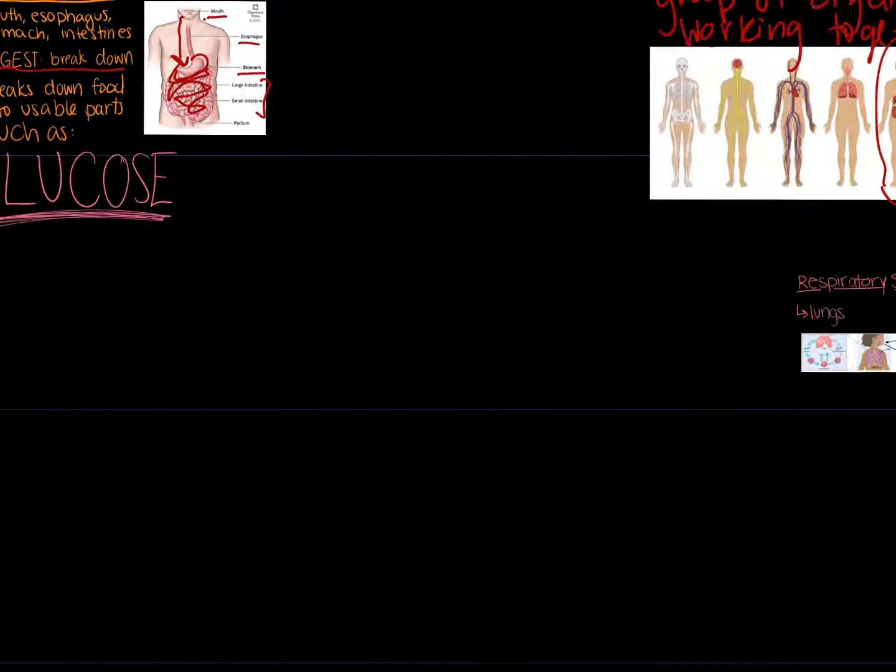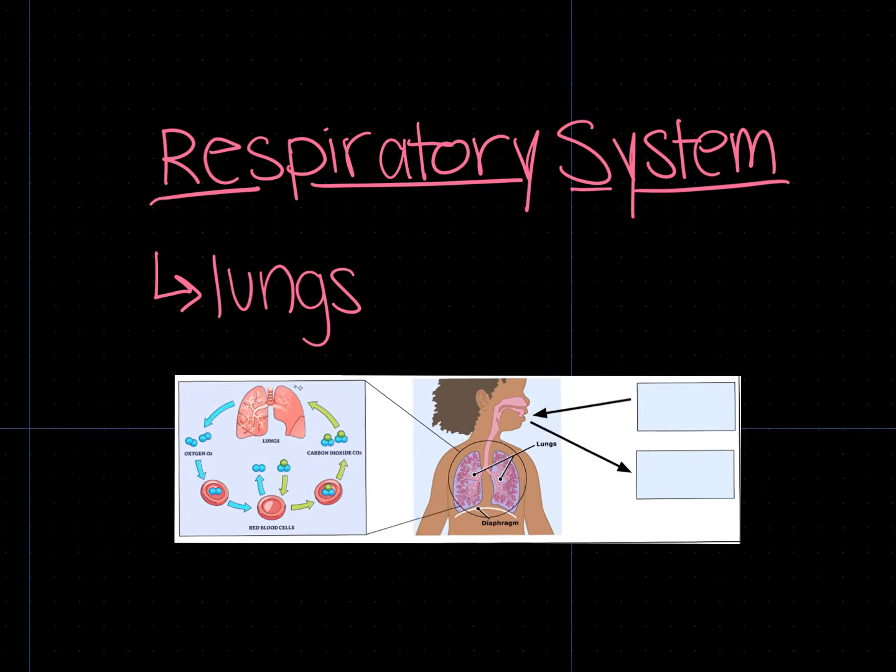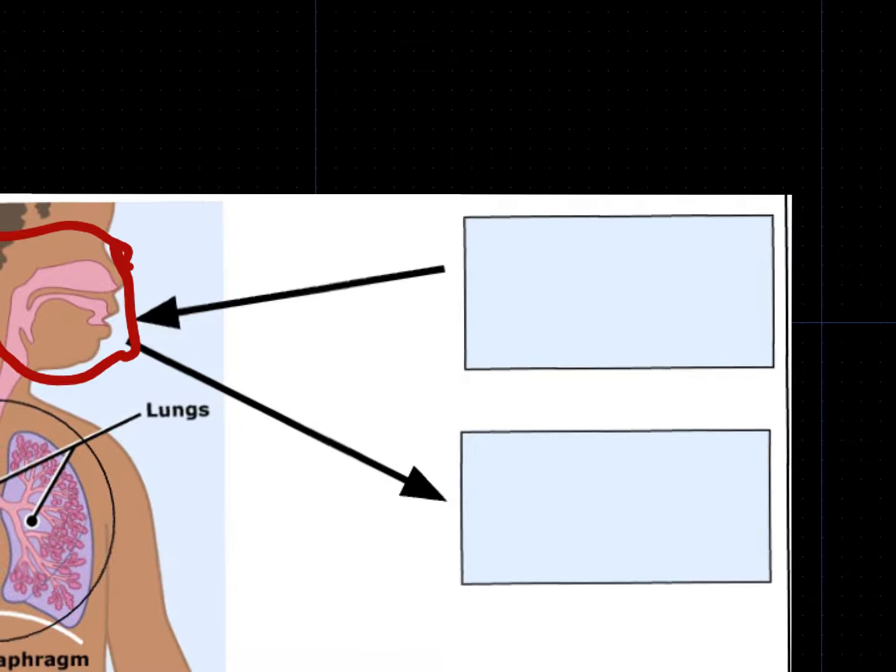So oxygen we get through our respiratory system. Our respiratory system consists of our lungs, also parts up here, like our nasal cavities. So when we breathe in, we are breathing in oxygen.